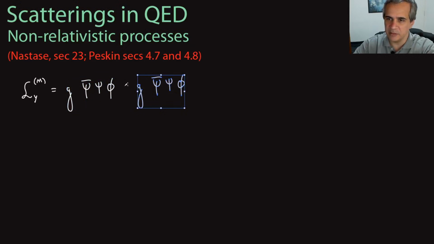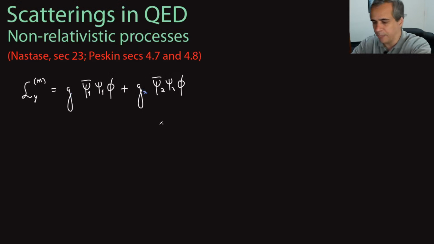Many fermions, right, interacting through the same kind of interactions. The same scalar here. So this fermion psi 1 could exchange a scalar with this fermion psi 2, right? And the couplings could be different too, right? I don't care about these details, right? Let's assume they are equal for now, right?